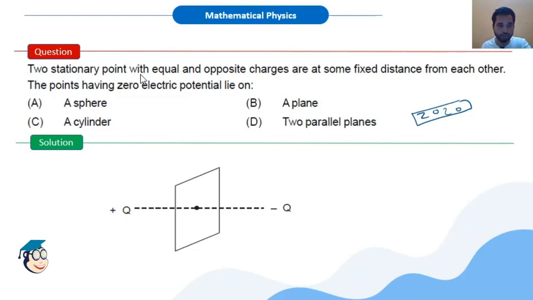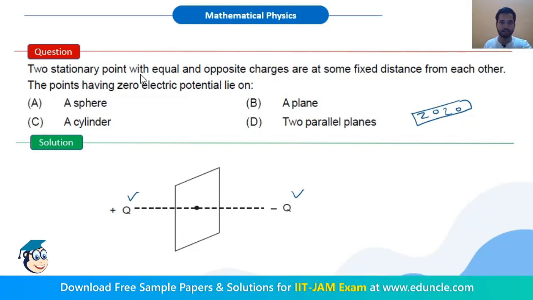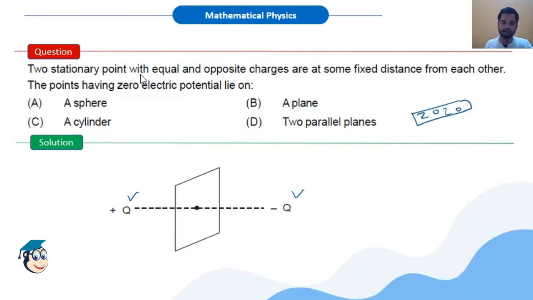Two stationary points with equal and opposite charges are at some fixed distance from each other, as you can see in the diagram, q and minus q. The points having zero electric potential lie on what?